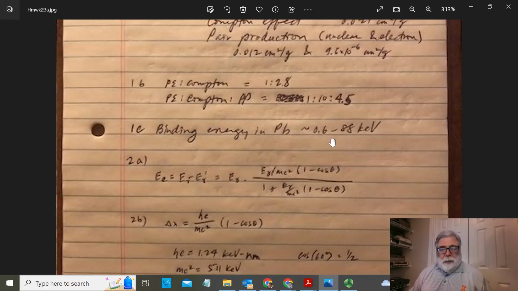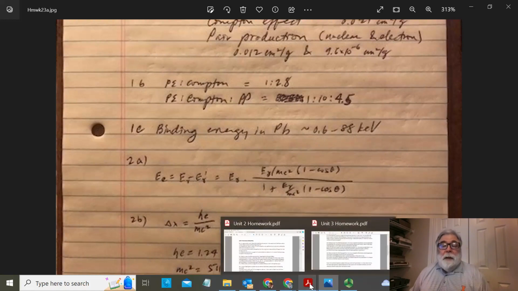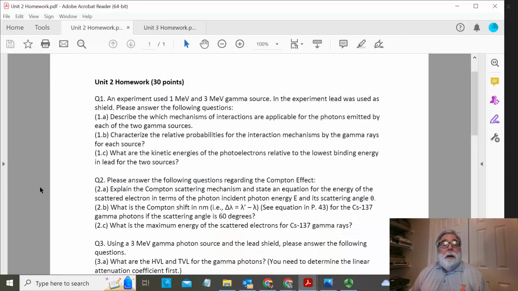So in many cases, for energetic photons, we can ignore the effect of the binding energy of the electron. The important point is to know the scale of energy that's imparted to the electron relative to the binding energy. That, I think, was the goal of the exercise.